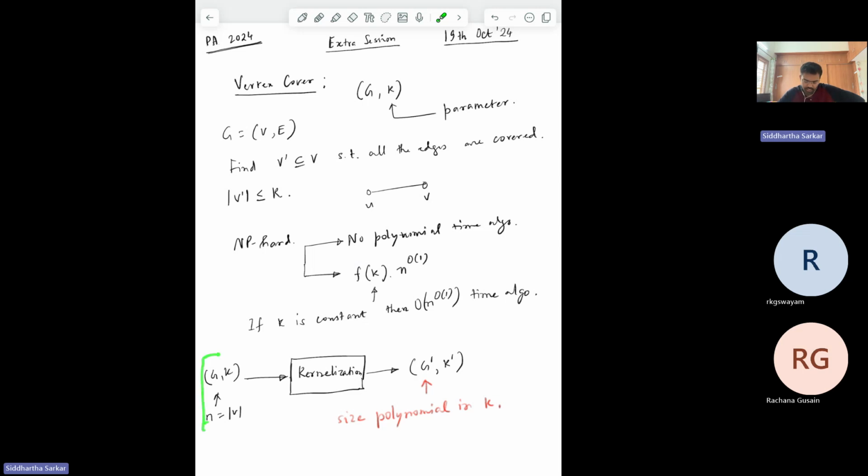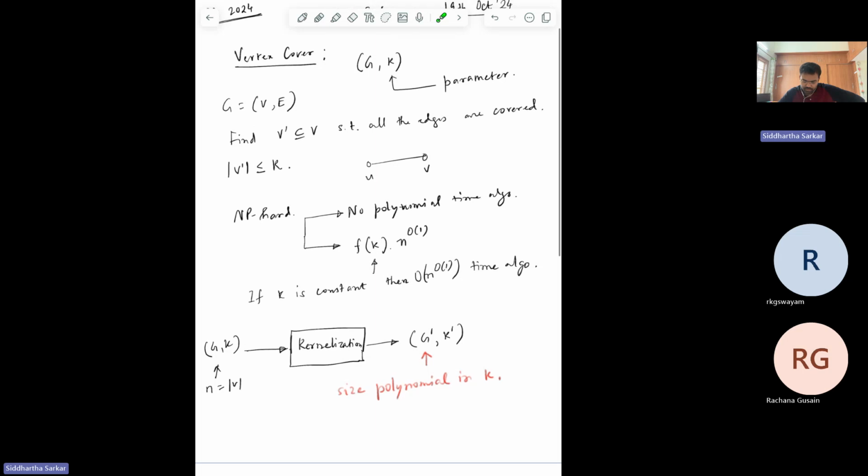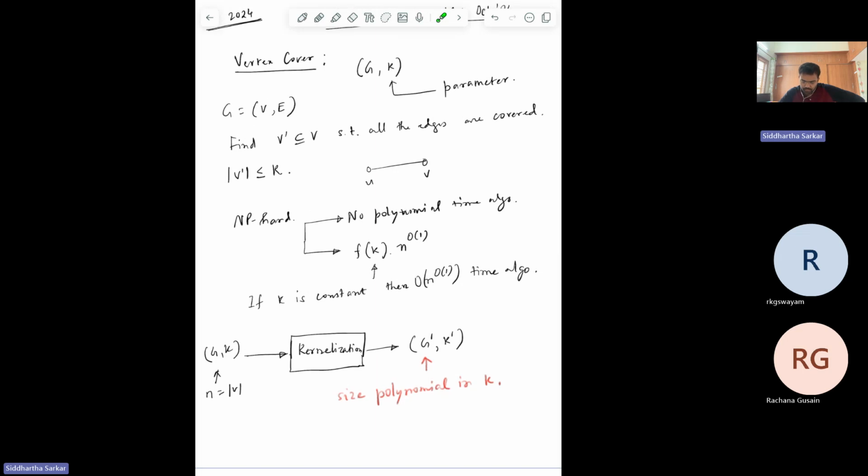That is the whole idea of kernelization. We say that a problem admits a polynomial kernel if you can do this. Of course, the kernelization procedure itself has to run in small time, so its runtime should also be at most this much.